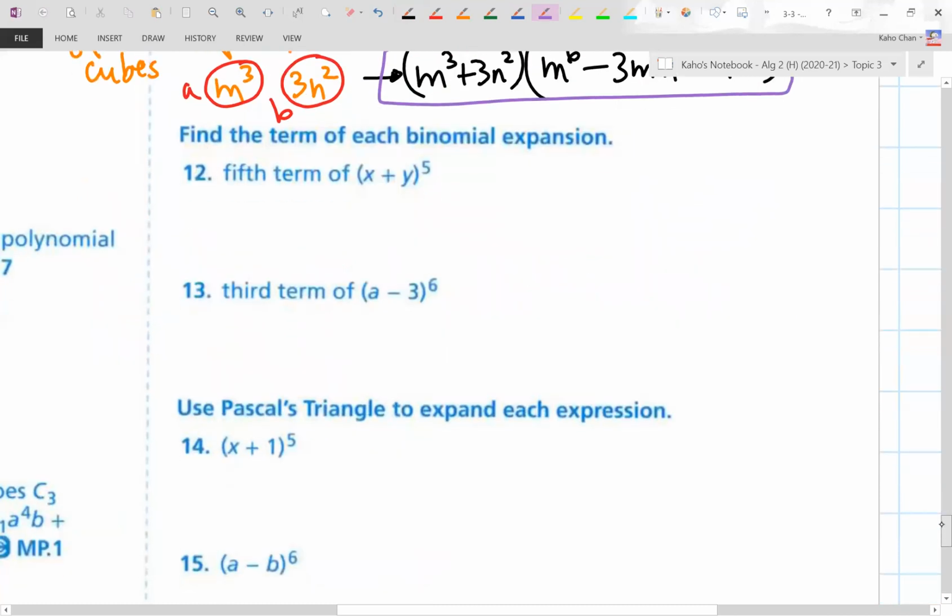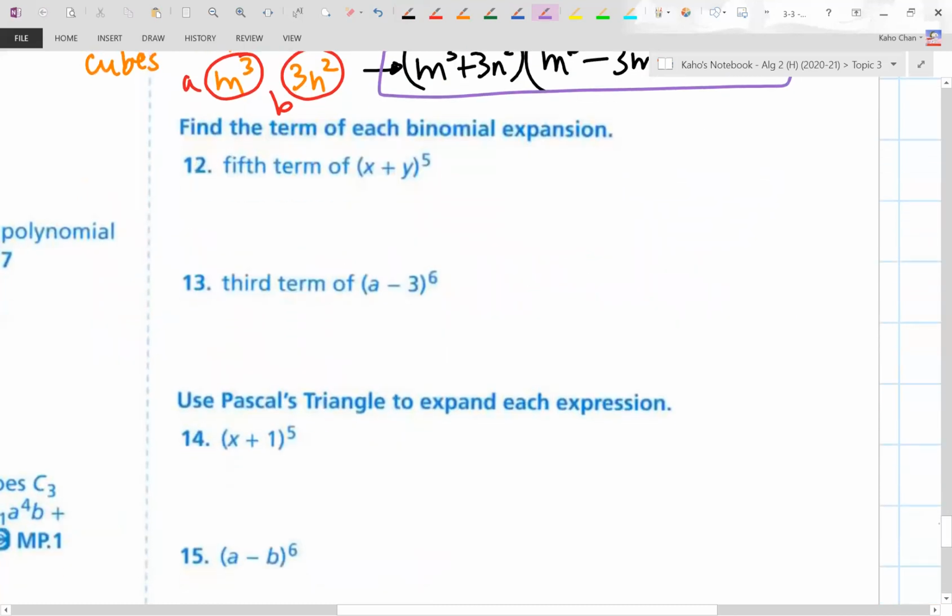Ooh. All right. Number 12 and number 13 is like doing binomial expansion, but only focusing on one term answer. Now, a couple of things using Pascal's triangle here in a minute. I notice that n is 5 right there, which means I'll have 6 terms. 1, 2, 3, 4, 5, 6.